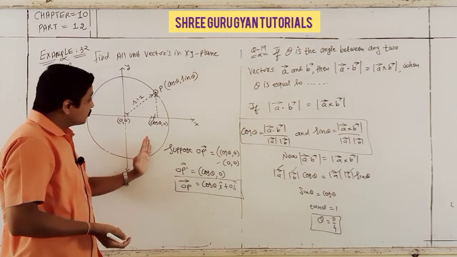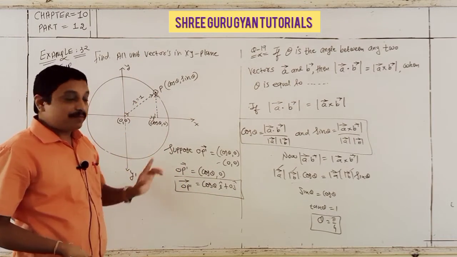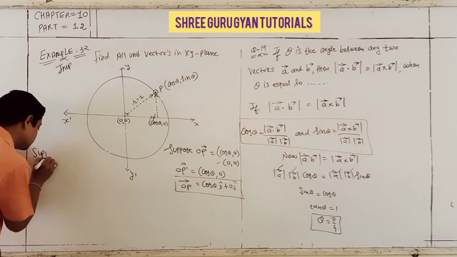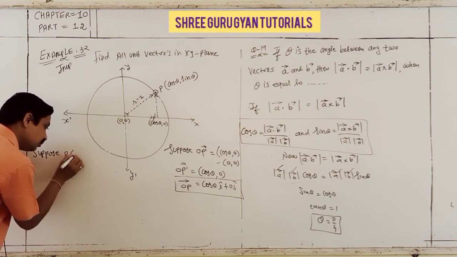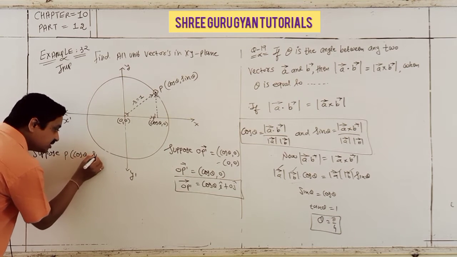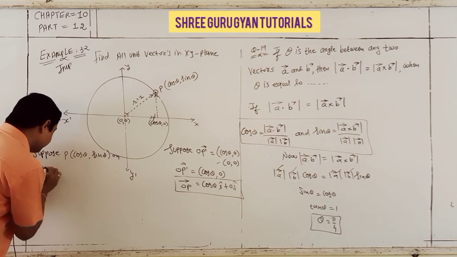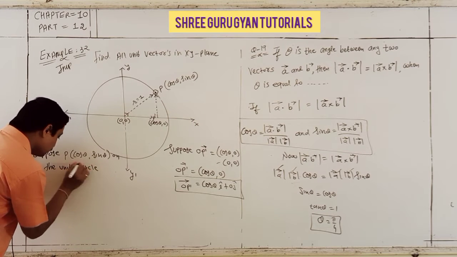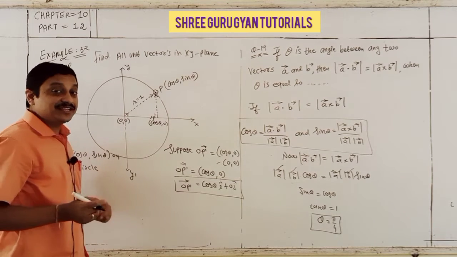Now I go to this P dash, but the point taken on the unit circle. So here also you can write down, suppose P is the general point cos theta, sin theta on the unit circle. The unit circle has radius 1.